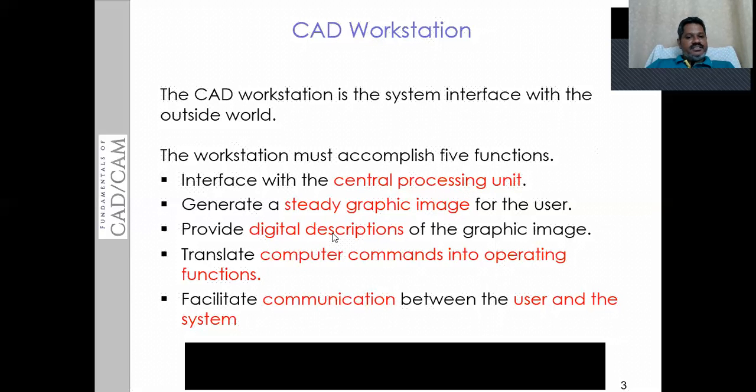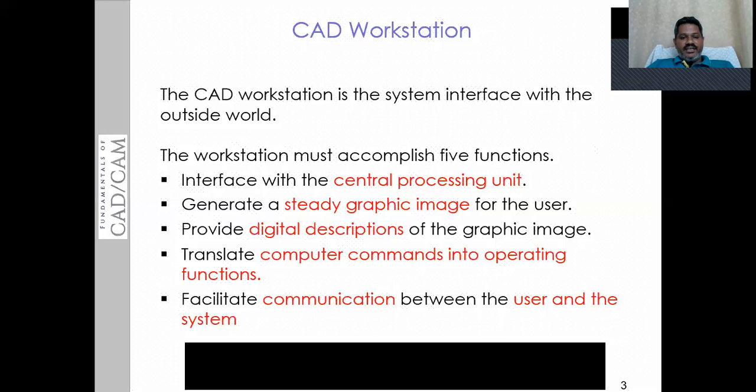Digital descriptions means the moment the user creates a CAD model, an object or a component in a display device, it must have some properties, like being able to convert from one form to another form.